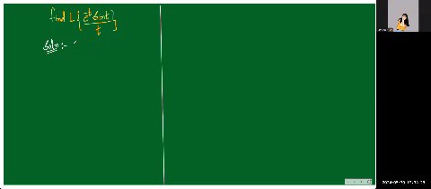Now we find out first of all Laplace of sin t. What's the answer? It is 1 by s square plus 1.